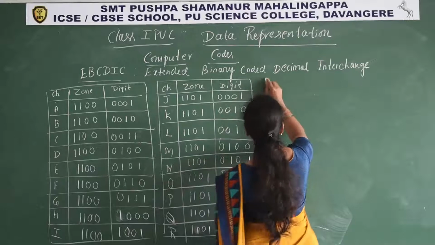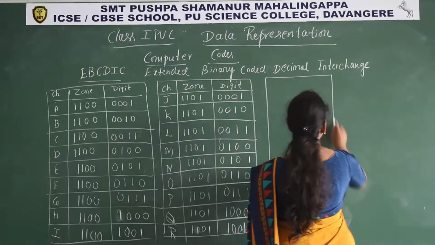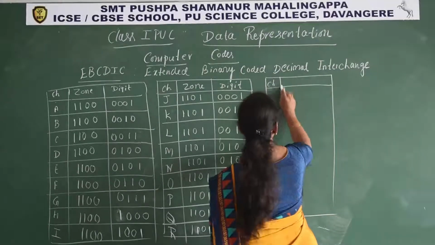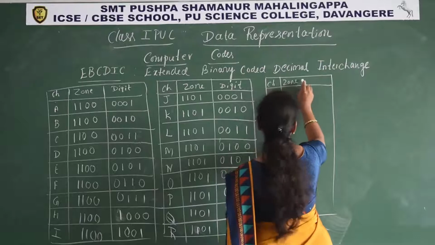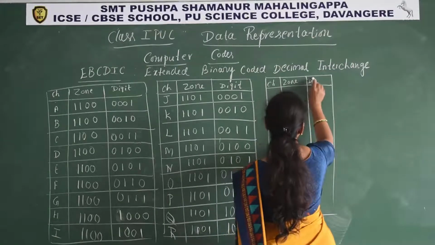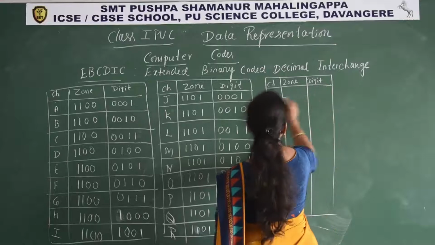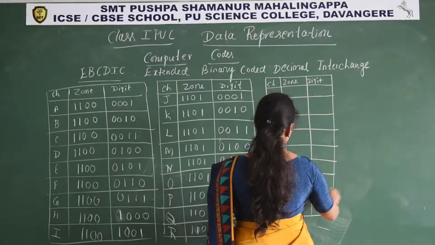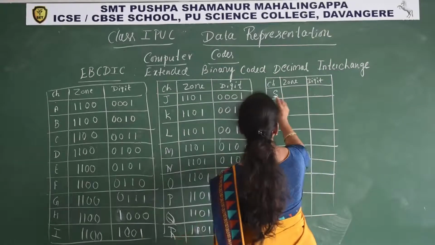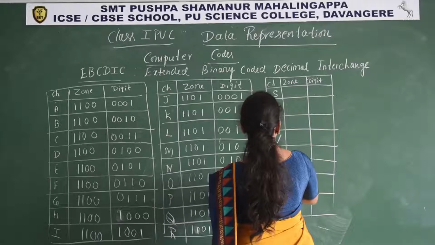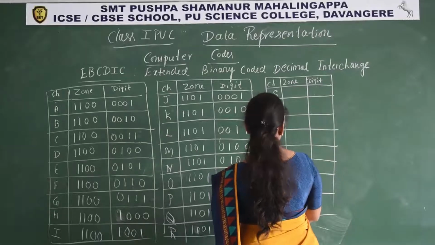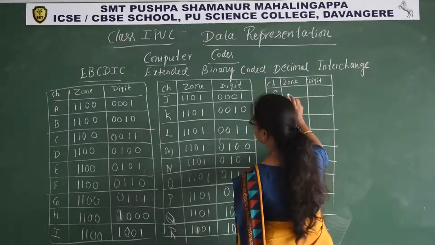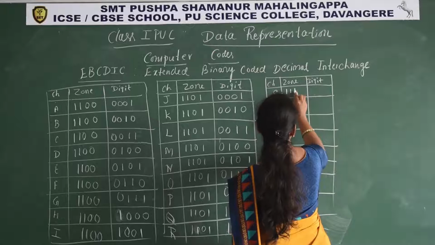Next, the remaining 8 characters here: character, zone bit and digit. S, T, U, V, W, X, Y, Z. Now zone bit 14, 8421.